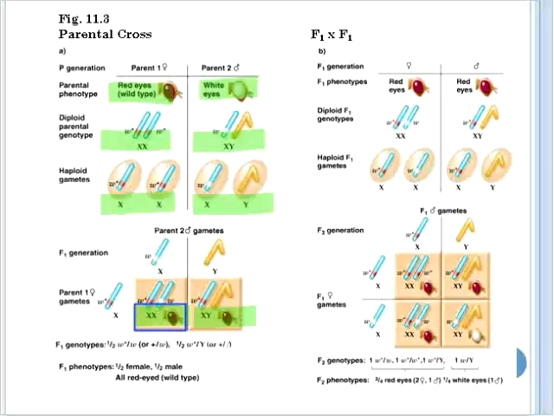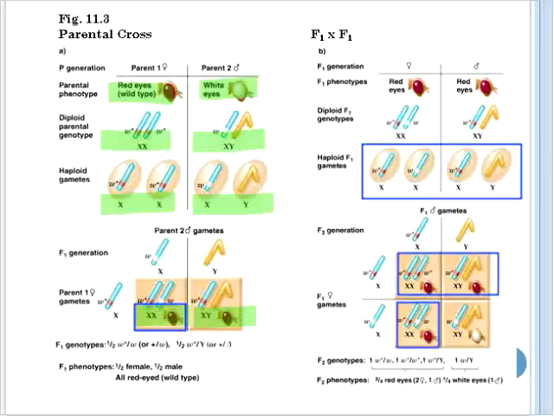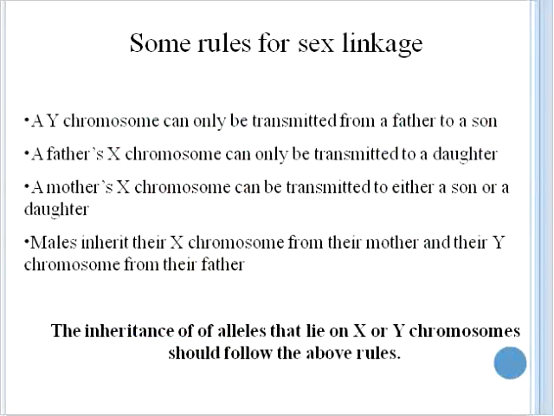When you cross your F1, the possible gametes are as you see here. And the F1 cross yields 3 red eyes, 1 white eyes. So when you're talking about sex linkage, again, this is one thing.